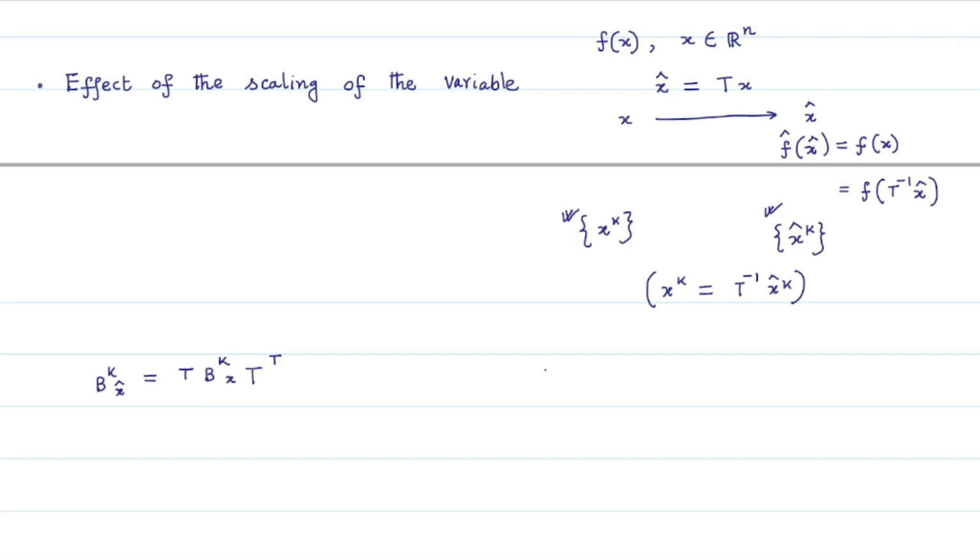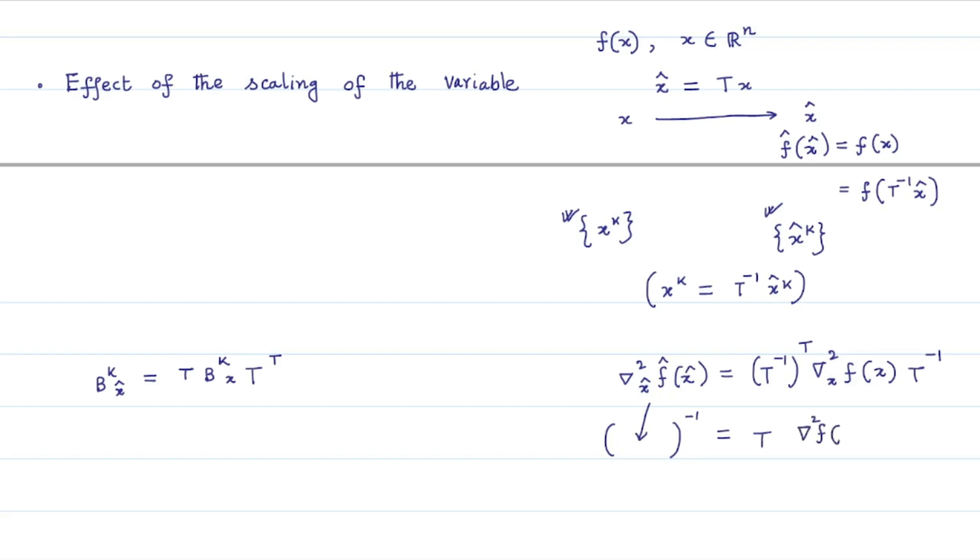This equation comes from the expression of the Hessian in the x hat space, which we all know is given by T inverse transpose times the Hessian in the x space times T inverse, and hence the inverse of this matrix is given by T times the inverse Hessian in the x space times T transpose.